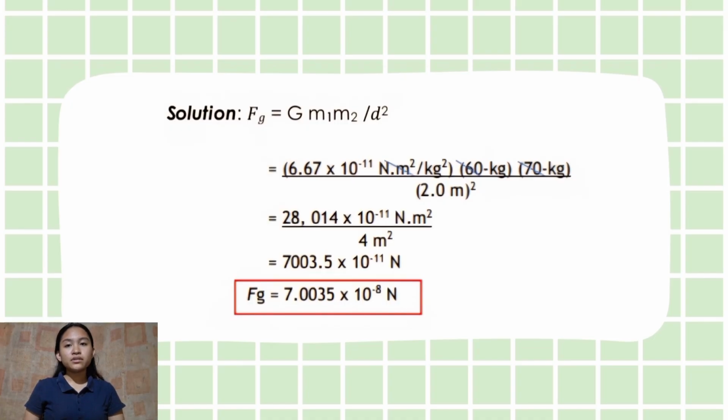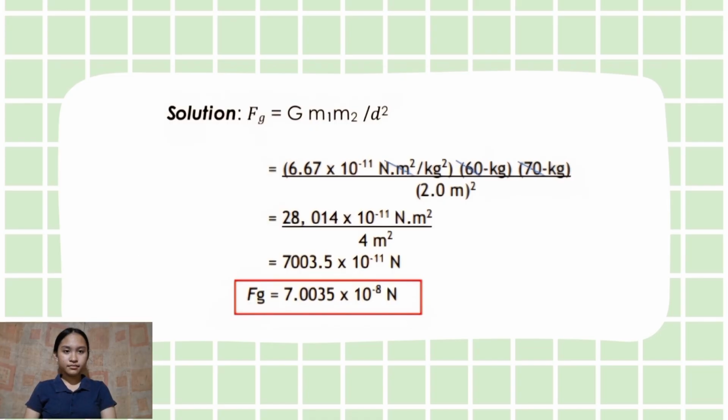So it is equal to 28,014 times 10 raised to negative 11 Newton times meter squared over 4 meters squared. So our total gravitational force is equal to 7.0035 times 10 raised to negative 8 Newton.